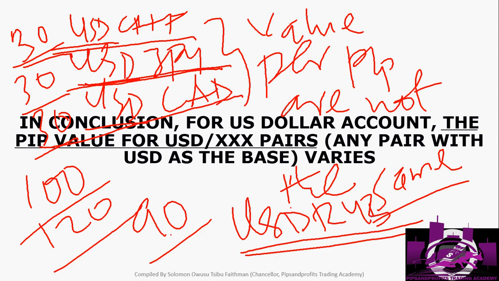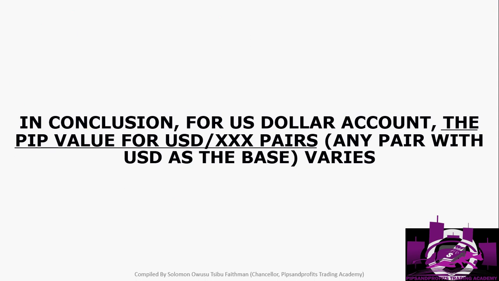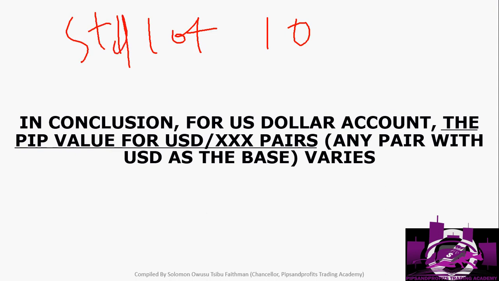When you take some courses, they put all of them together, and what they will tell you is that the value per pip for one lot is 10. They will tell you standard lot is 10. Then they will tell you mini lot is 1.